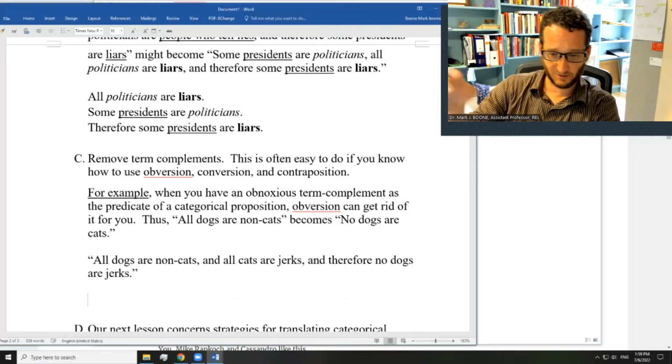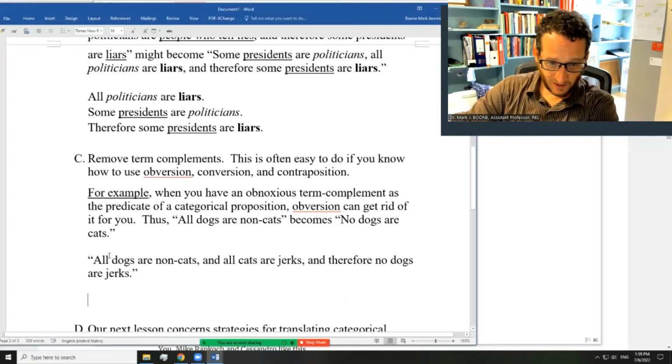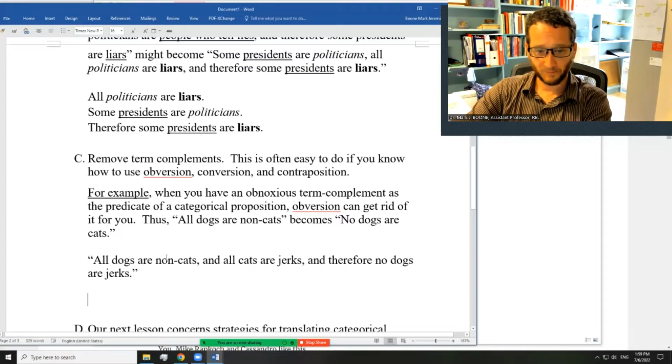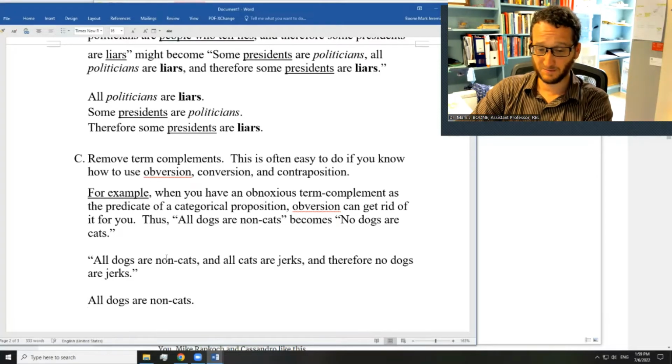Cat lovers, I'm not endorsing the truth of every premise here. I certainly endorse that all dogs are non-cats. Now, this is not in standard form. Let's put it into standard form. First, let's get rid of that term complement. You know what? First, I'm just going to type the premises. I'm going to type the propositions by themselves.